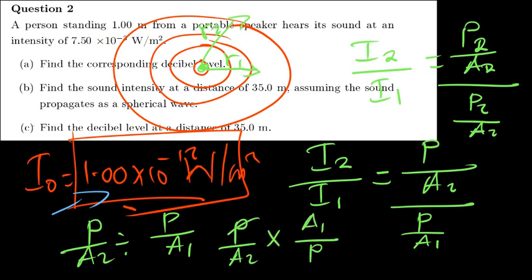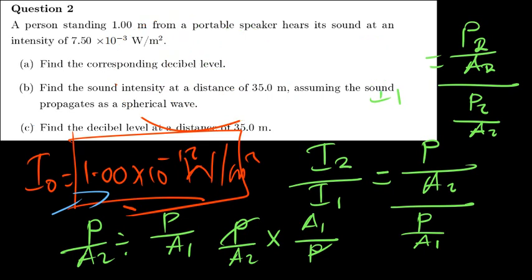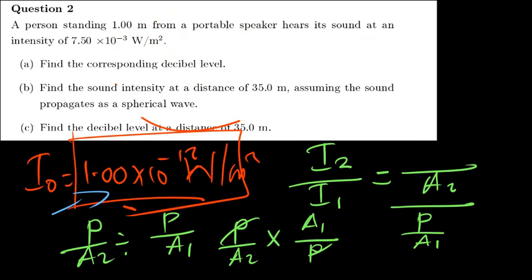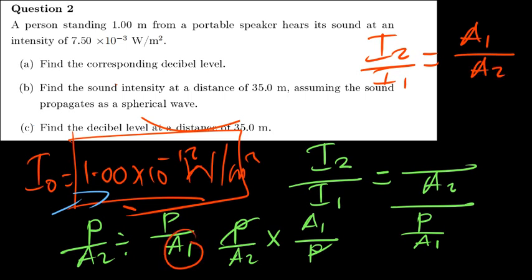The power and power cancel, so I only remain with area 1 divided by area 2. So intensity 2 divided by intensity 1 will be equal to area 1 on top divided by area 2, because this one is down and this one is on top.